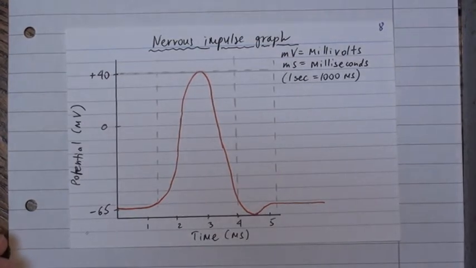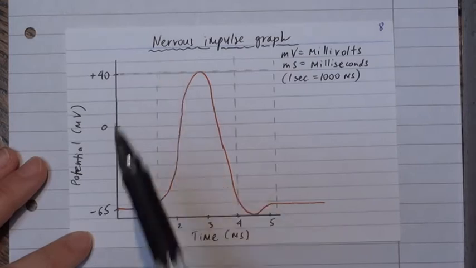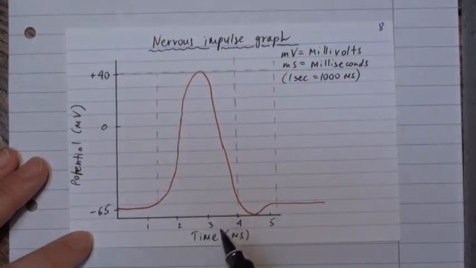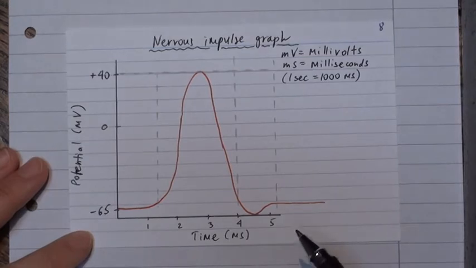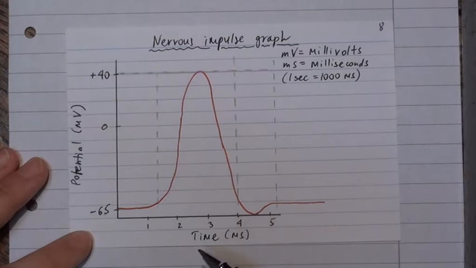Okay, so in this last video on the topic of the nervous impulse, I'm looking at the graph which represents nervous impulse. Now, those of you who find graphs and maths in general quite tricky, you don't necessarily have to include this graph, but I would like you to still have a go at listening to what I'm explaining, because I'd like you to, at the very least, mention something called threshold potential.